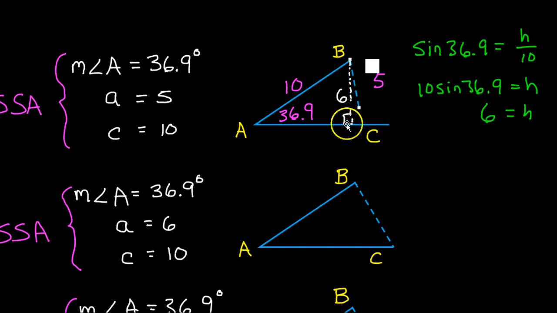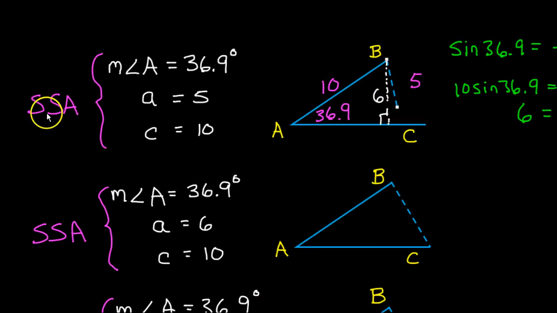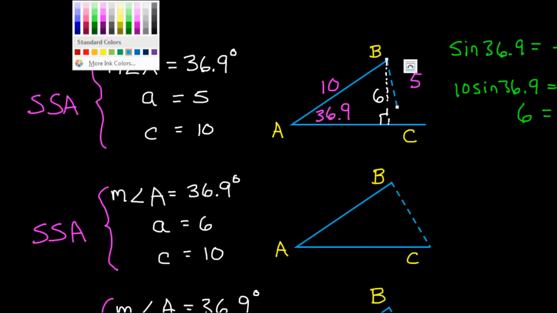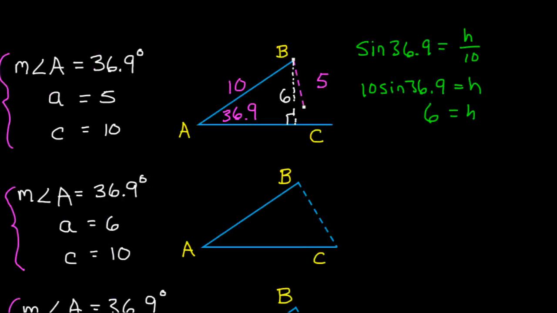The distance all the way down to the ground here is 6, but the length of this so-called side is only 5. It will not reach the ground. This will not form a triangle. So we have this side angle information that we're given, but in this case what happened was we got no solution.